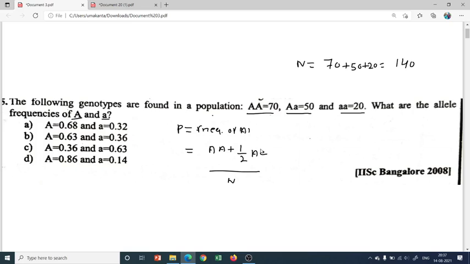So it will be 70 plus half of 50, divided by 140. So it will be 70 plus 25 divided by 140.